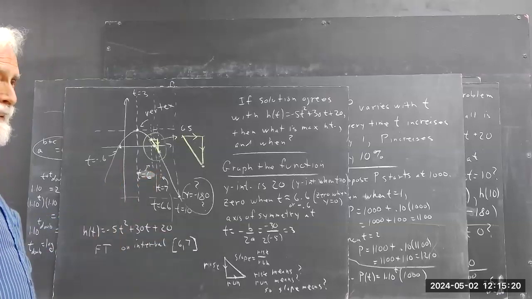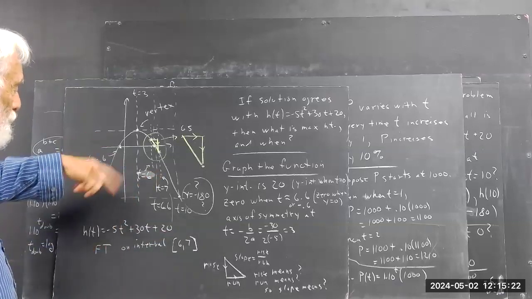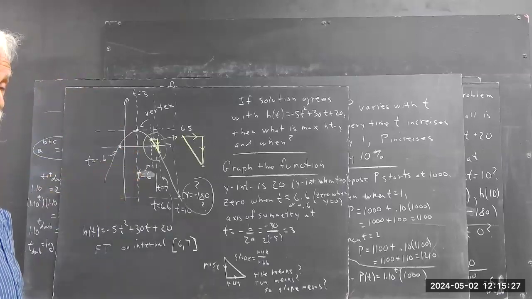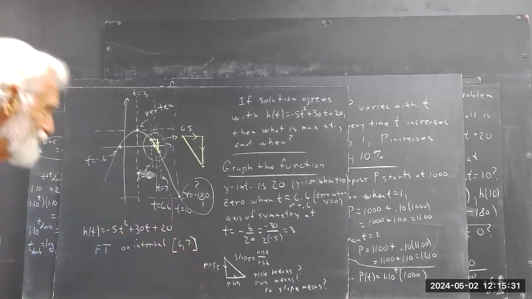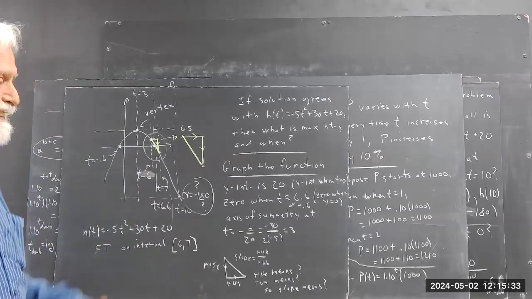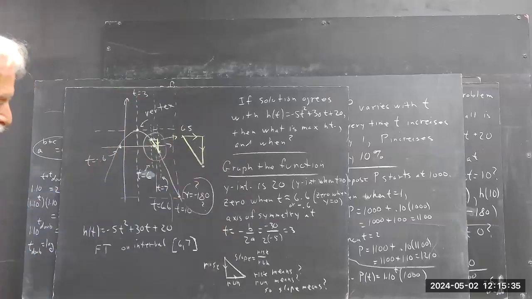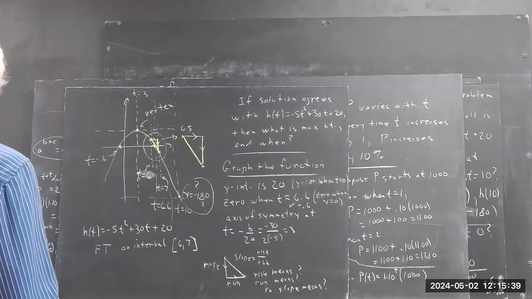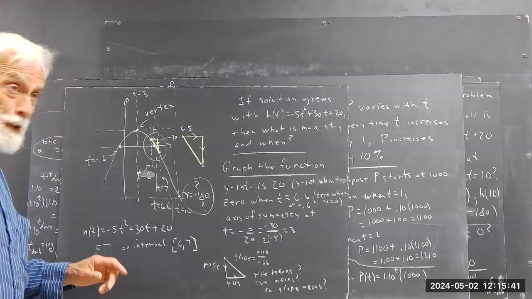Now, if you want to find h, your y value, your h of t for t equals 6, what are you going to do? You're going to plug in 6. I kept trying to drag it out of you, but you can only keep that going so long in a day when we've only got 8 minutes left.